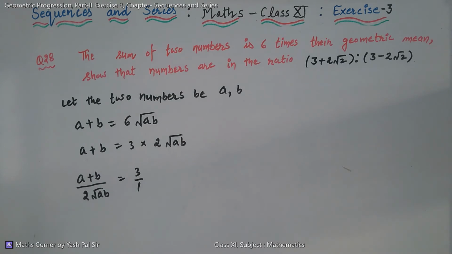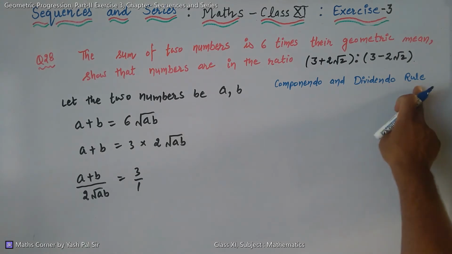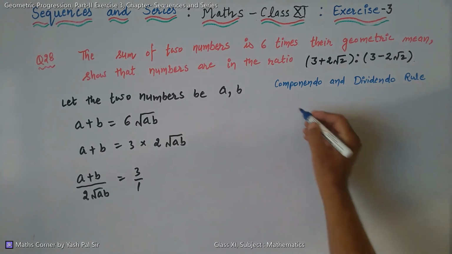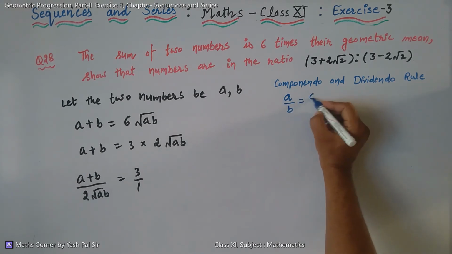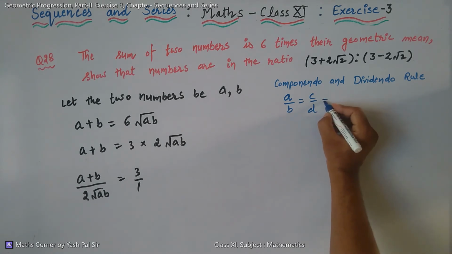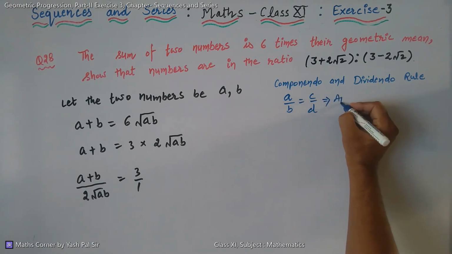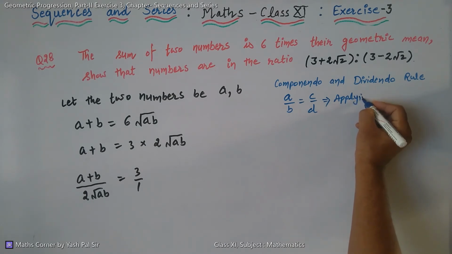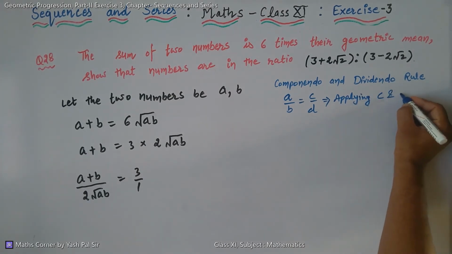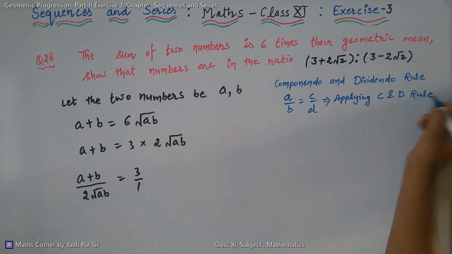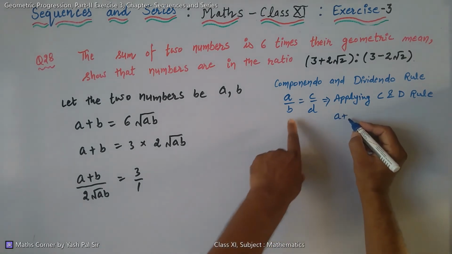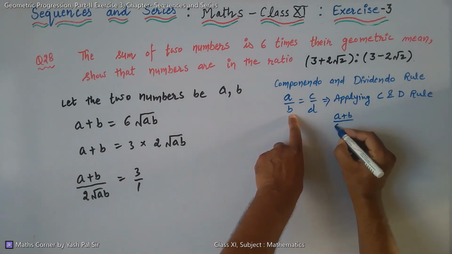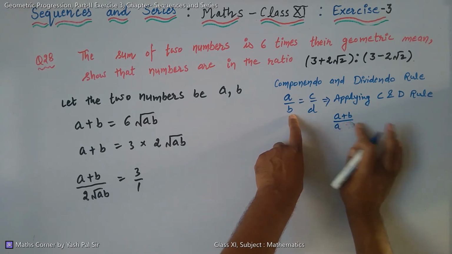Now we recall the componendo and dividendo rule. Componendo and dividendo rule. What is this? If we have the fraction like this, a upon b equal to c upon d, then applying componendo and dividendo rule, we have this fraction becomes a plus b in the numerator, then in the denominator we write a minus b.